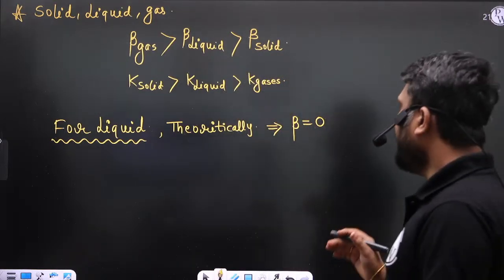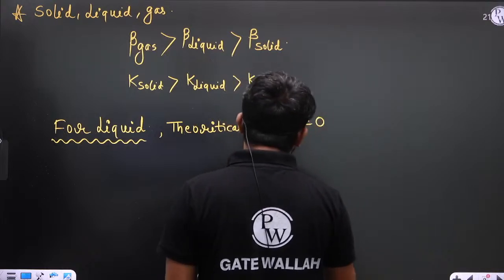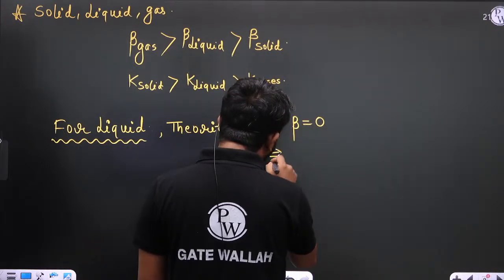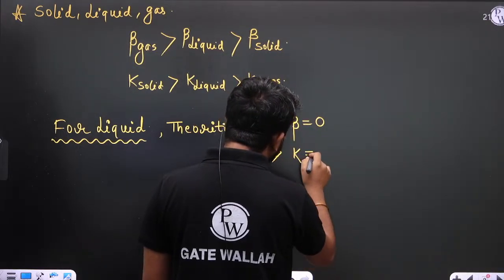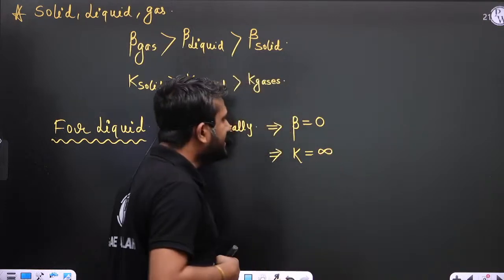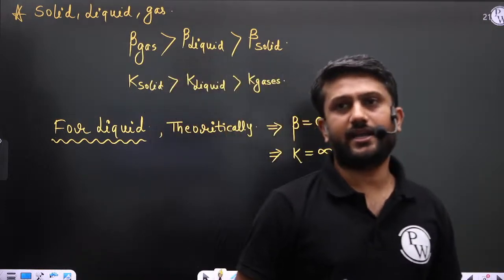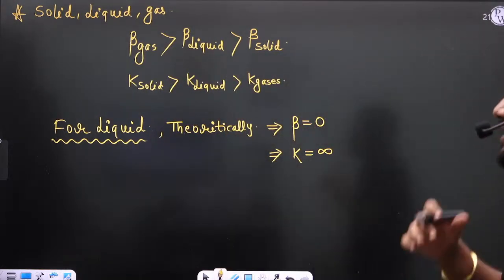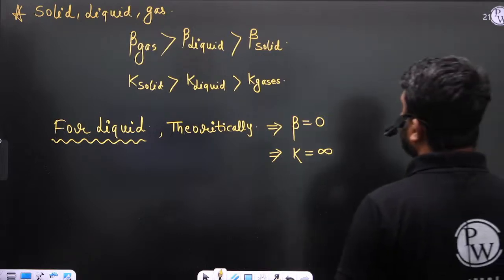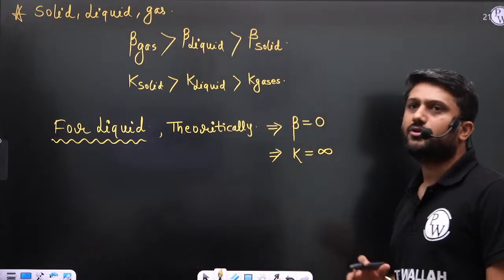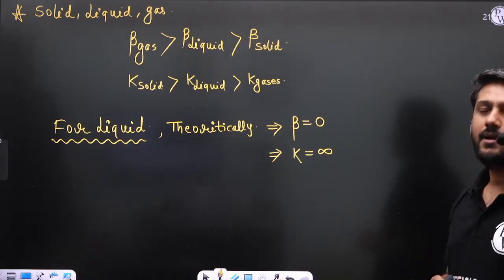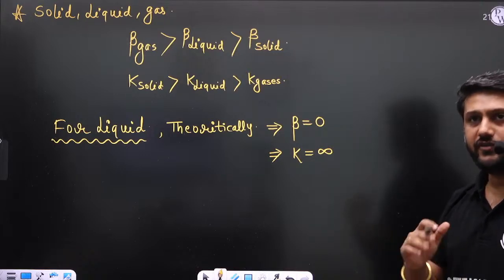And if beta is 0, then what about the bulk modulus? The bulk modulus is infinite.